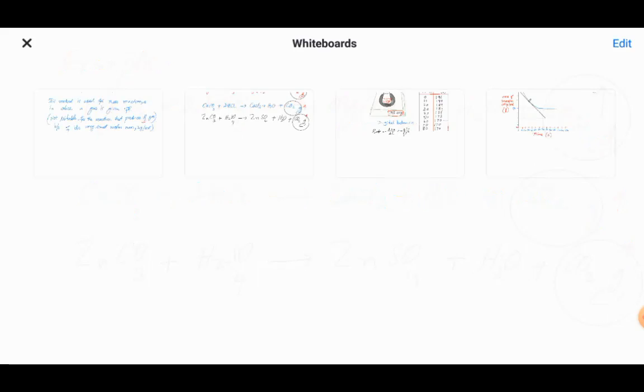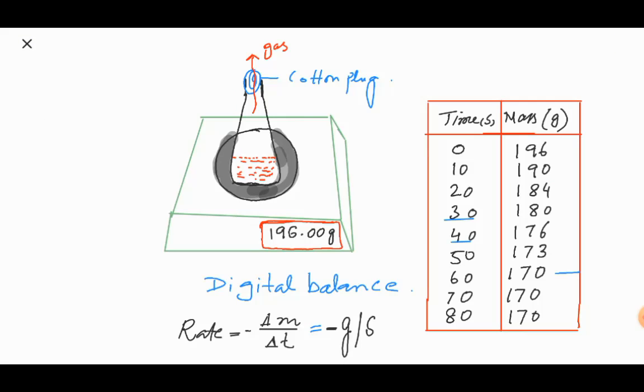Dear students, we know that according to the law of conservation of mass, mass can neither be created nor destroyed during a chemical reaction. In other words, we can say the total mass of all the reactants must be equal to the total mass of all the products in a chemical reaction in a closed container.